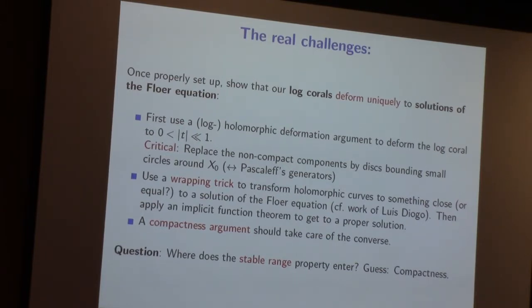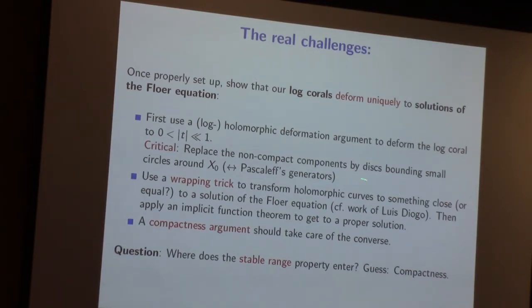So then there is, hopefully, and you have to make the step to get from something holomorphic to something Floer theoretic. And I think there should be some kind of wrapping trick to transform holomorphic curves to something close or even equal, depending on your choice, precise setup, solution of Floer's equation.